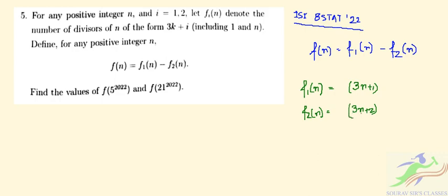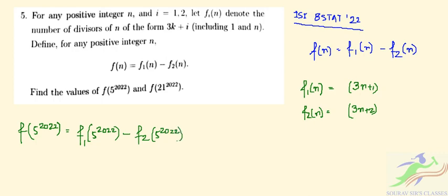Okay, so 5 to the power 2022 can be written in this form: f of 5 to the power 2022 is f1 of 5 to the power 2022 minus f2 of 5 to the power 2022, right? So I have to find this value f1 and f2.